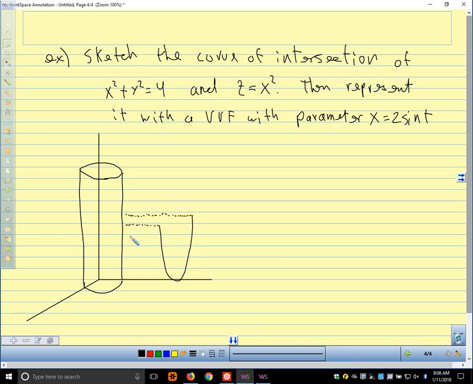The first place it's going to touch is down here. Then we get this parabolic shape as it cuts through the side, and the same thing along the other side, as it cuts through that cylinder.